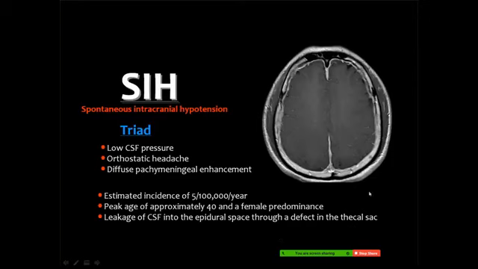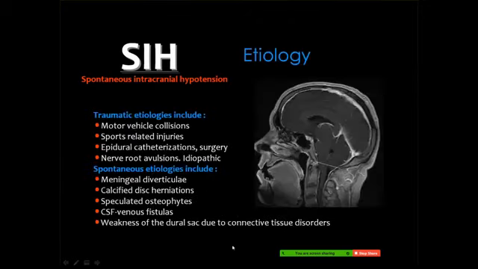Then this is a triad of low CSF pressure, orthostatic headache, and a diffuse pachymeningeal enhancement. There is diffuse meningeal enhancement and thickening. Of course, you can consider this as meningitis, as sarcoid, as leptomeningeal carcinomatosis sometimes, but the history is very important for the diagnosis of spontaneous intracranial hypotension.